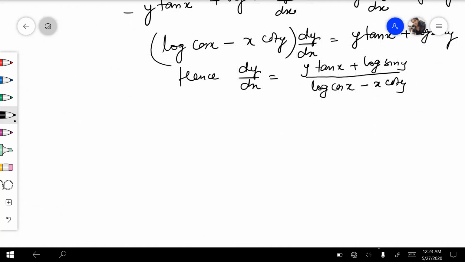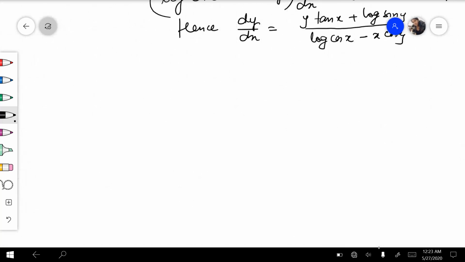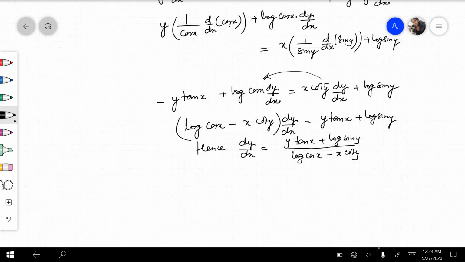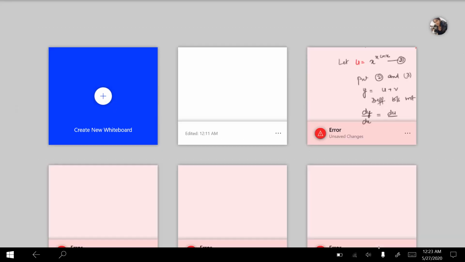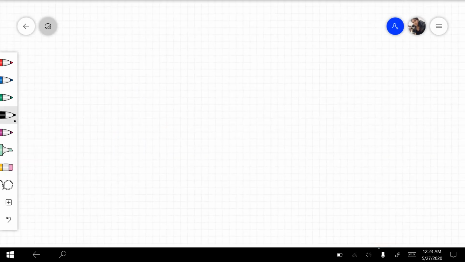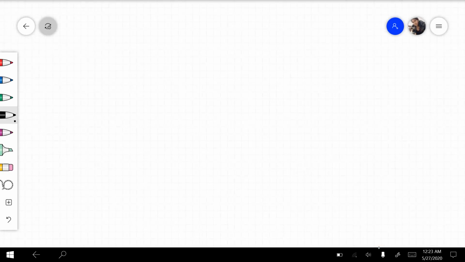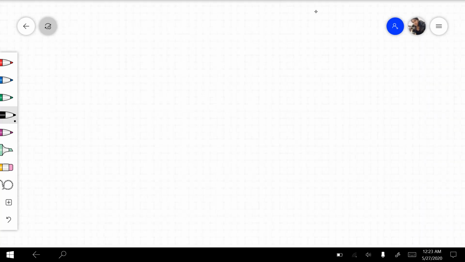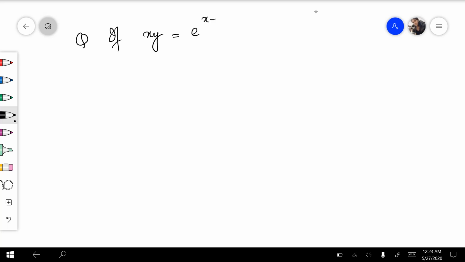So another question, if x into y is e raised to power x minus y, find dy by dx.